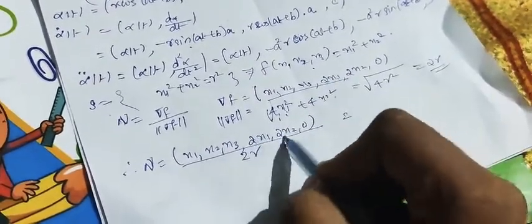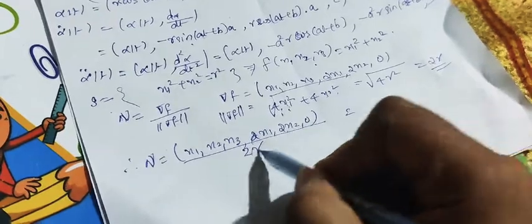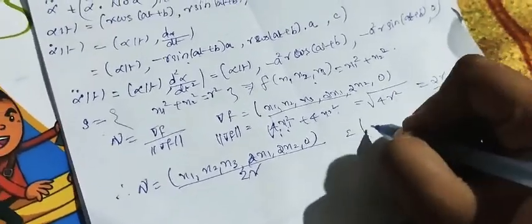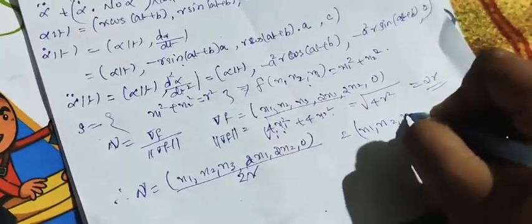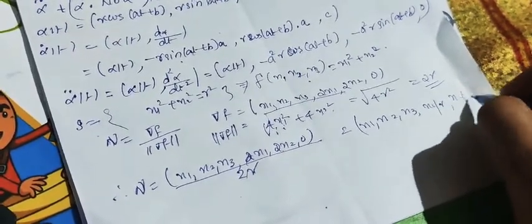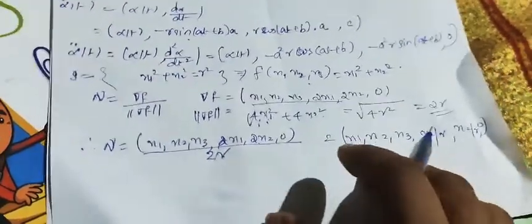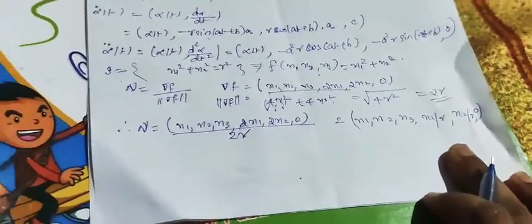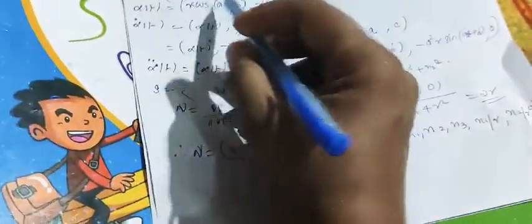So 2 is common, so cancel, and we get x1, x2, x3, x1 divided by r, x2 divided by r, 0. So this is N.